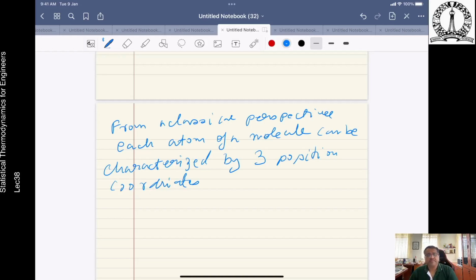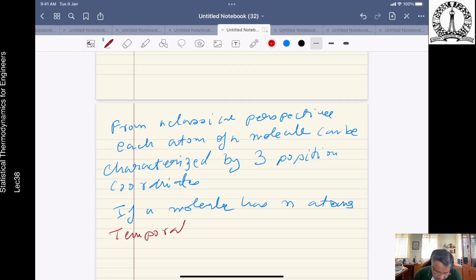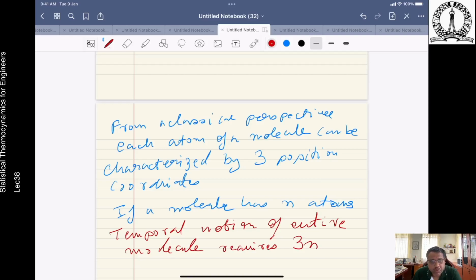Now if a molecule has n atoms, the temporal motion of the entire molecule requires 3n position coordinates.